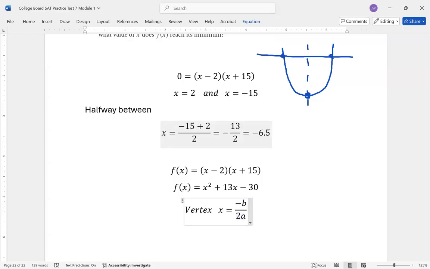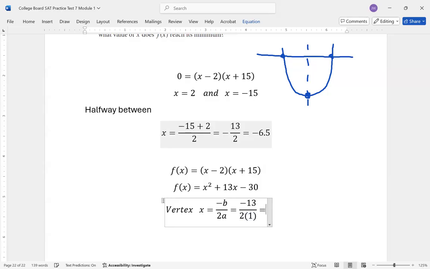If you know that little piece of information, then you can solve this where, by the way, b is the coefficient of x, a is the coefficient of x squared. So the x value is going to be opposite of 13 divided by 2 times 1, because the coefficient of x squared is 1.